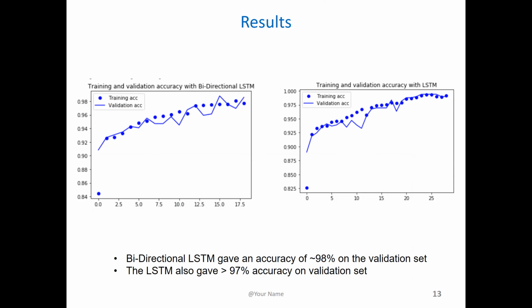Here are the results for the training and validation accuracy for the bidirectional LSTM and the LSTM. The validation and the training accuracy seem to go hand in hand, so there's not much overfitting here, and the accuracy is about 98% in both.